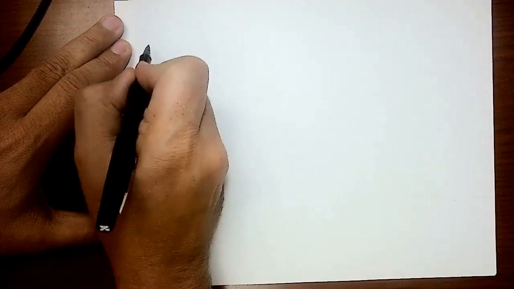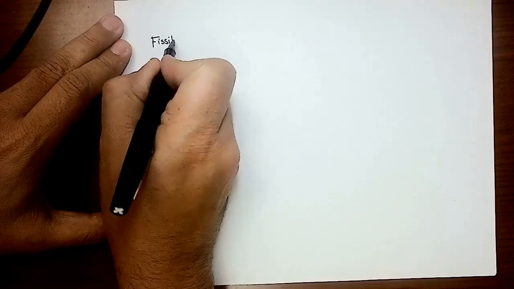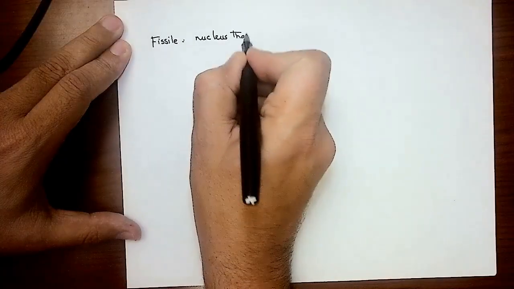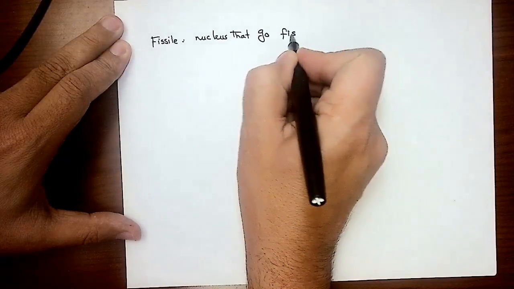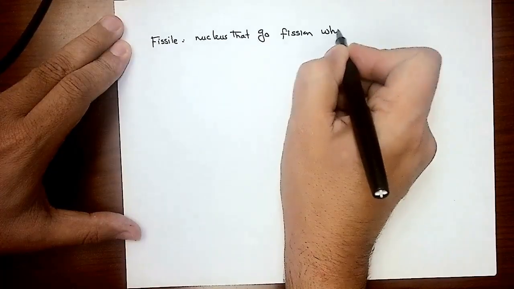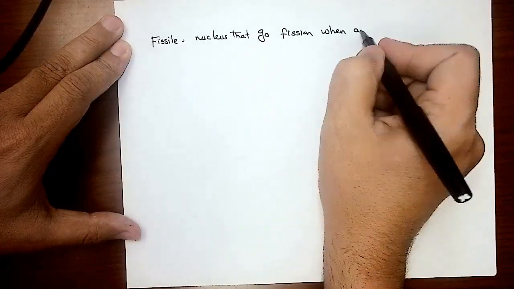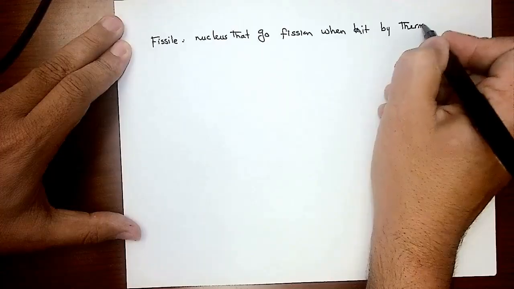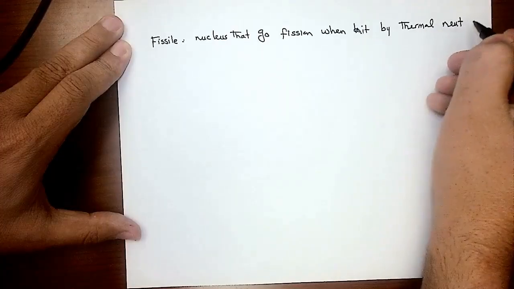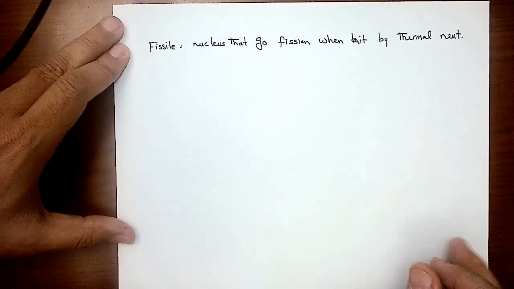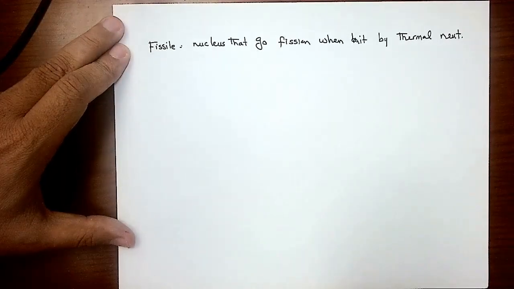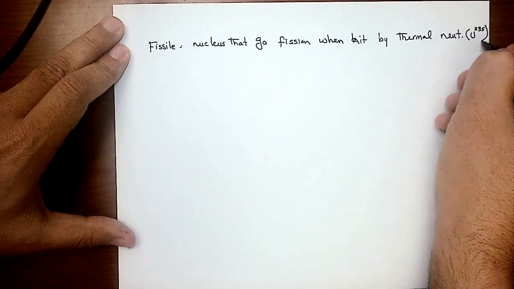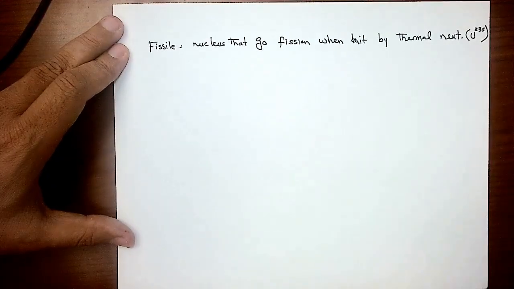This is a nucleus that goes into fission only when hit by a thermal neutron. And we define the thermal neutron as the neutron that has a low level of energy, less than 1 eV, right? We call that nucleus fissile. What's the most common example here? Uranium-235. You hit that with a thermal neutron, it's going to go into fission and it's going to split.